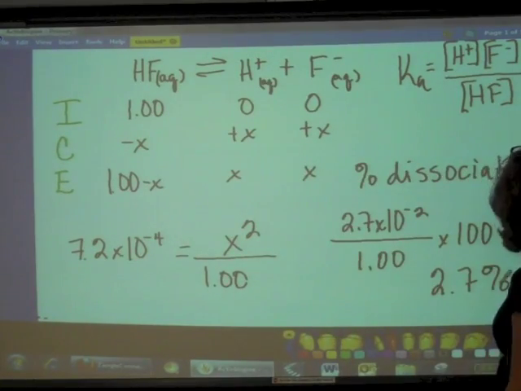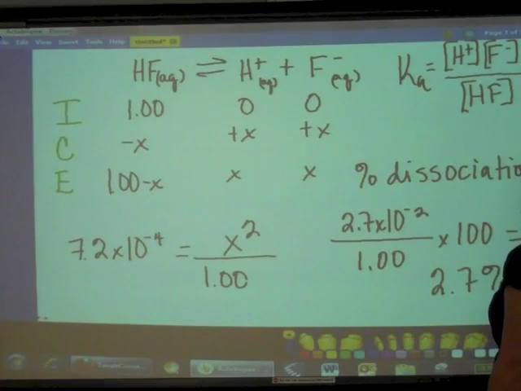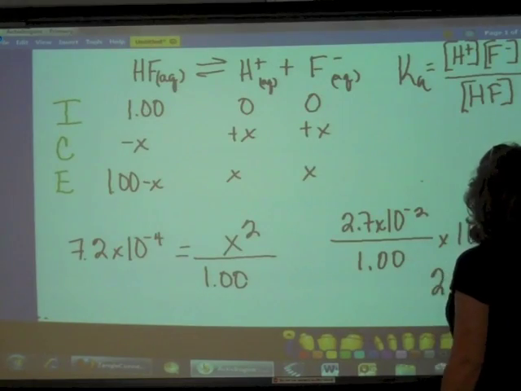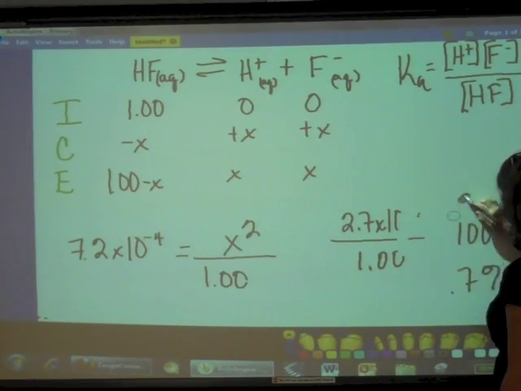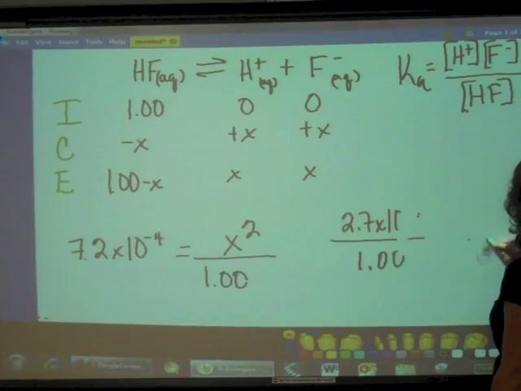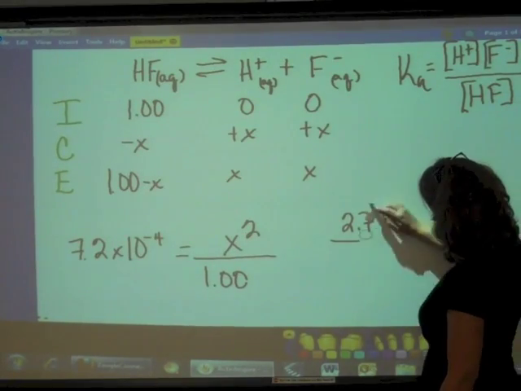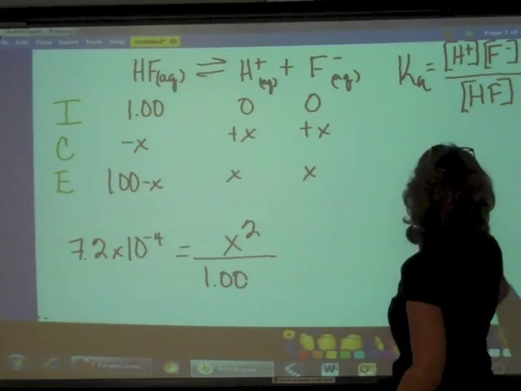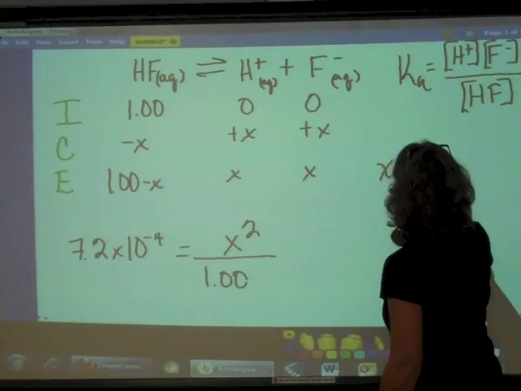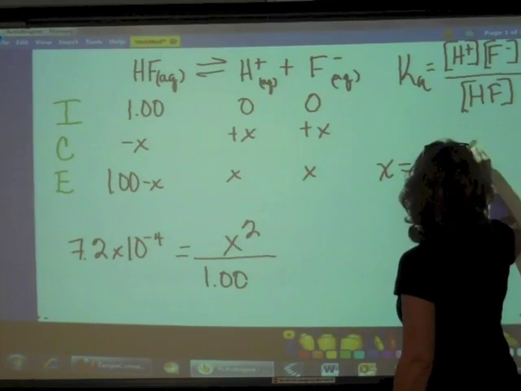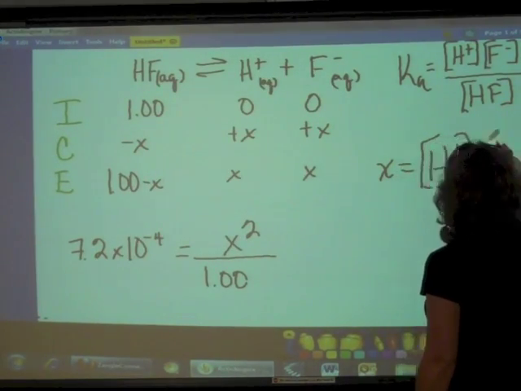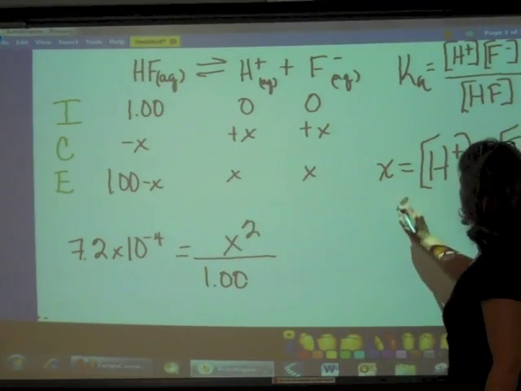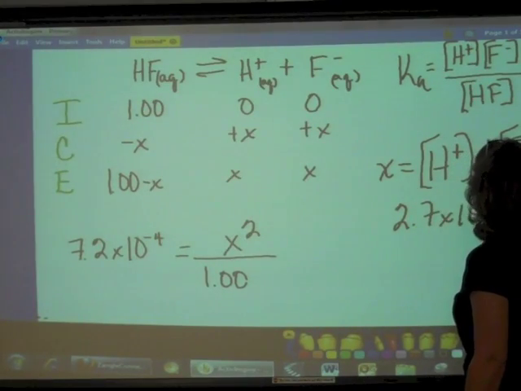All right, so let's go back now. So we know our value of x, and that is 2.7 times 10 to the minus second. And what is the identity of that x? We don't want to lose sight of that. So x is equal to hydrogen and fluoride at equilibrium, and that is equal to 2.7 times 10 to the minus second.